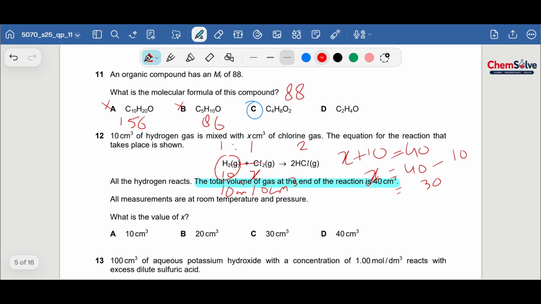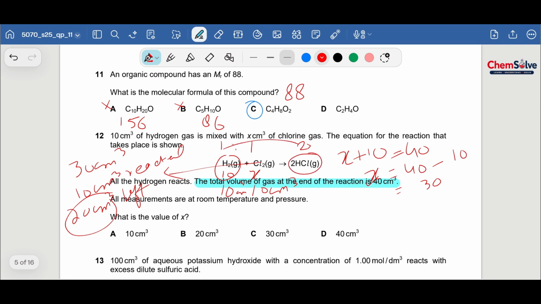It means chlorine was 30 cm cube initially, only 10 cm cube of the chlorine reacted, and 20 cm cube of the chlorine is left behind. So 20 cm cube is left behind from here, and according to the 1:2, 20 cm cube of the hydrogen chloride gas is formed here.